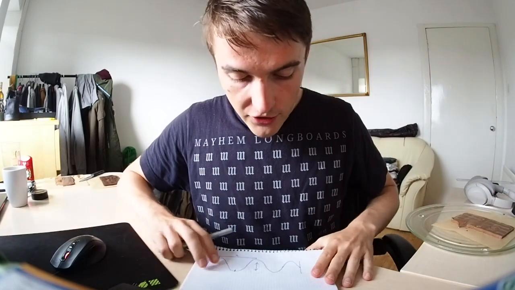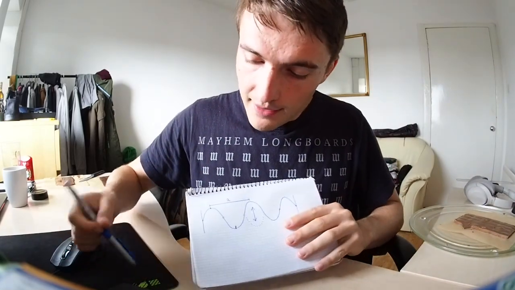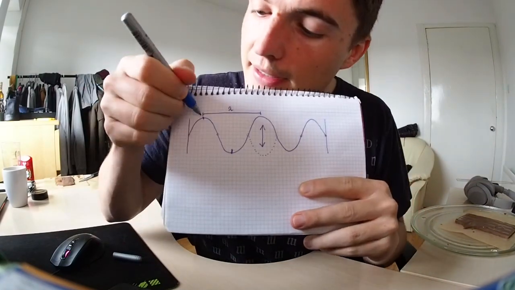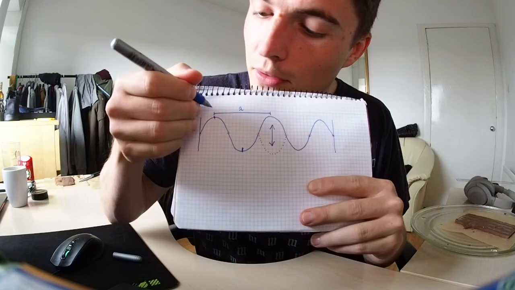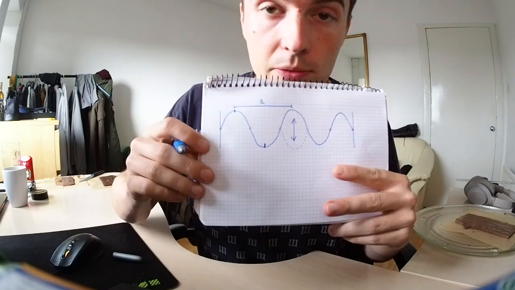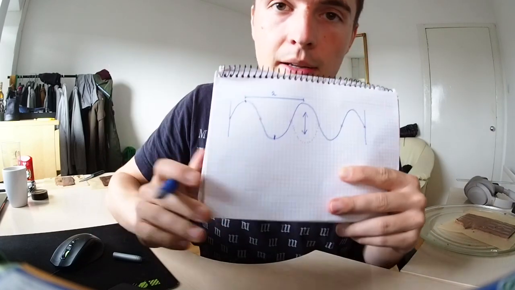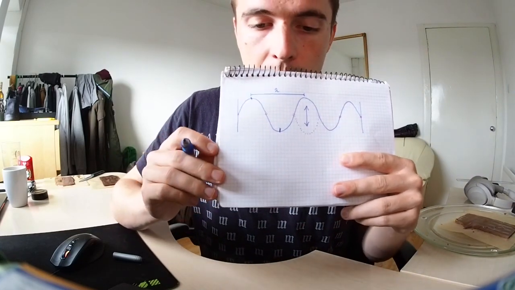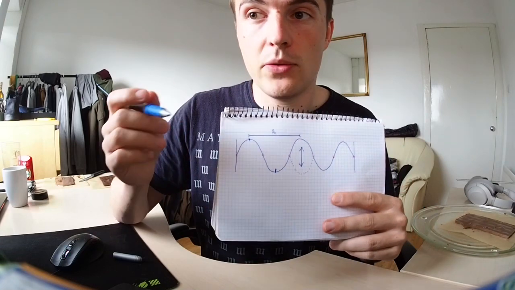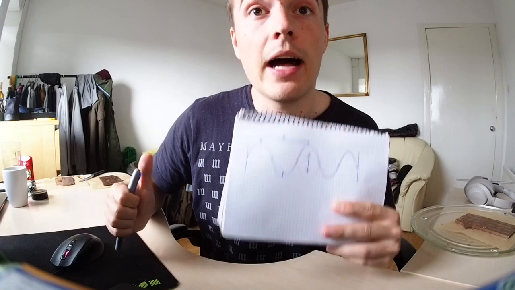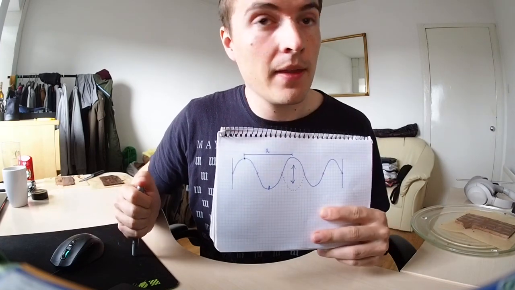What's actually happening here is that the distance on the chocolate between the two melted spots is the distance between two neighboring antinodes. In my case it would be this one and this one. What that means is that the distance you have just measured is essentially half of the wavelength.